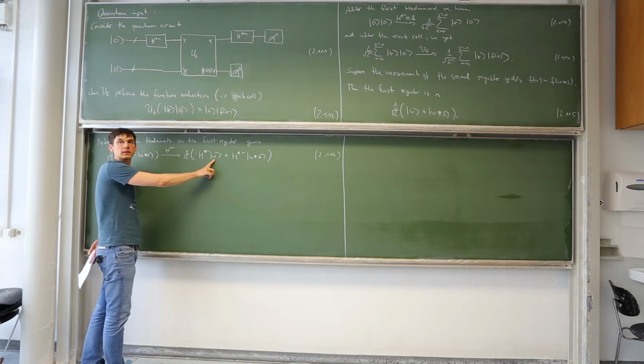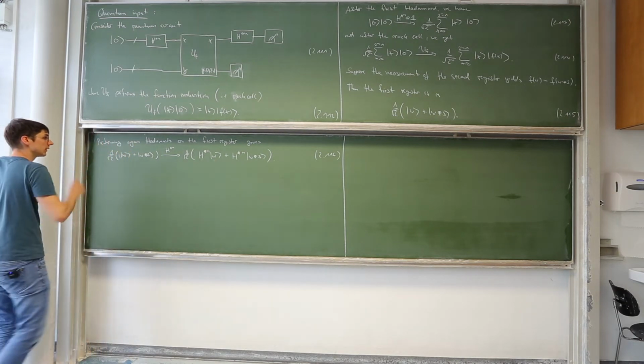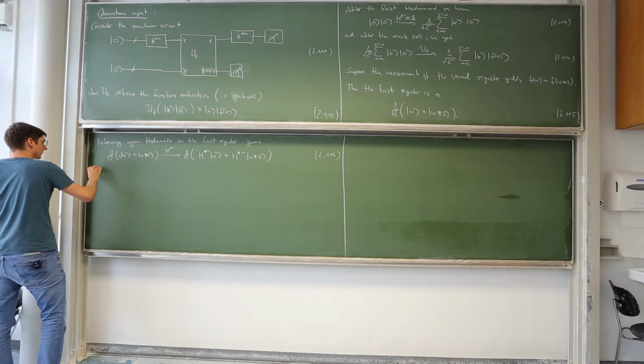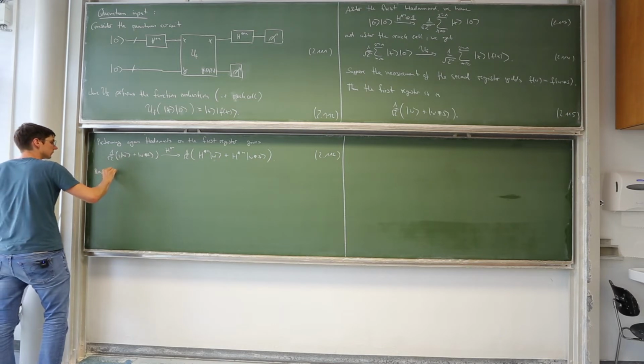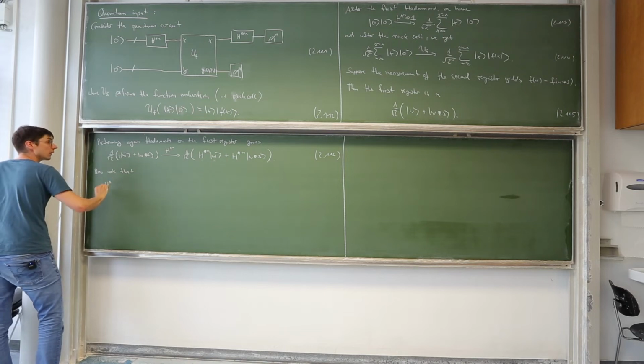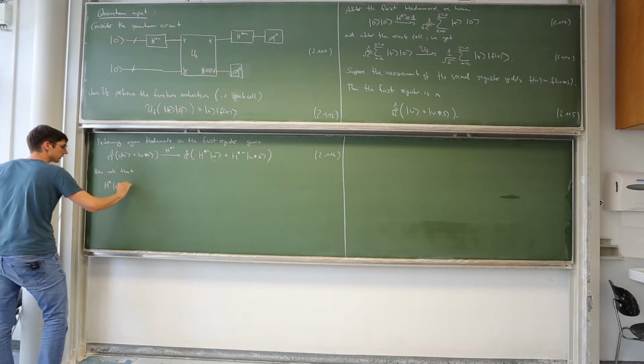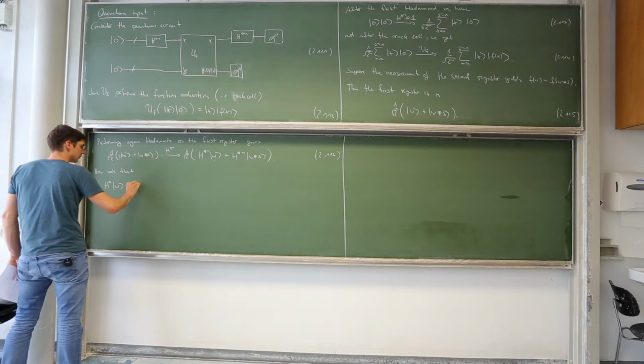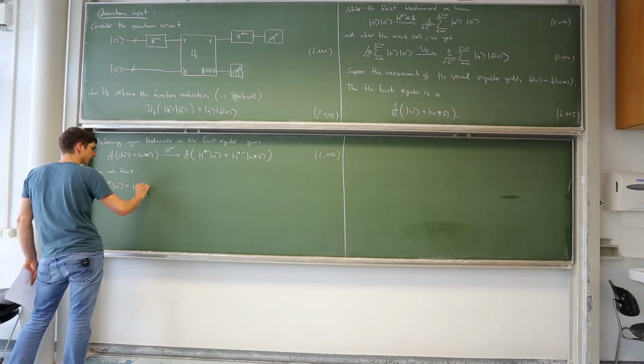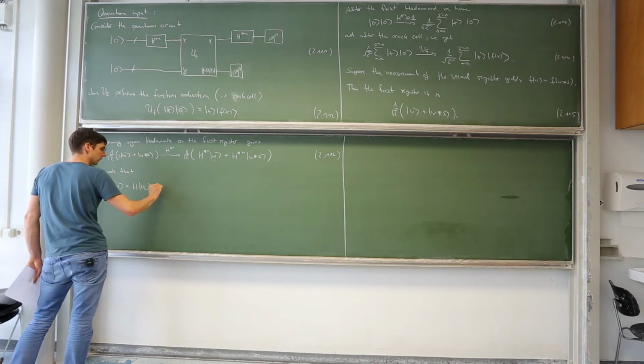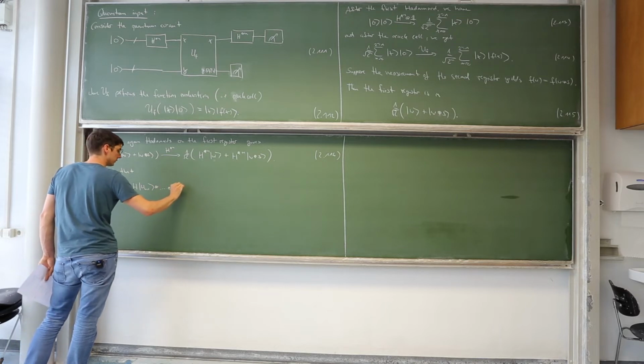Okay, so let me calculate this as a side calculation. Now note that the Hadamard acting on W, okay, what is this? It's a Hadamard acting on W n minus 1 to Hadamard acting on W0.